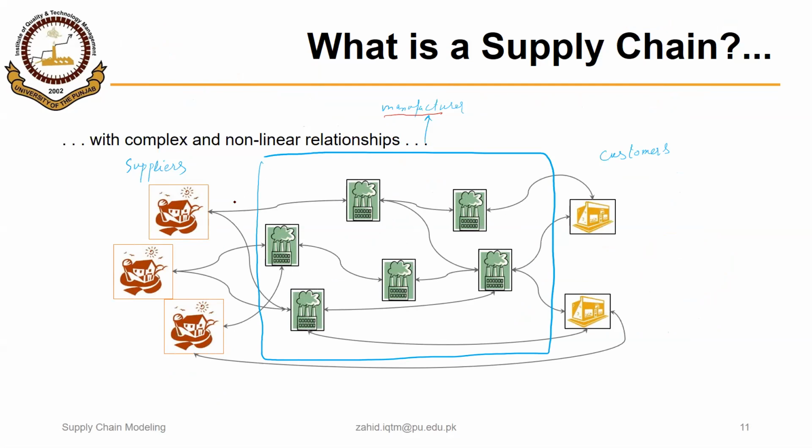So again, gray color is showing the flow of materials. The thing that you might notice here is that material is not only flowing in the forward direction, but also in the backward direction. So that could be because of, for example, quality problems.